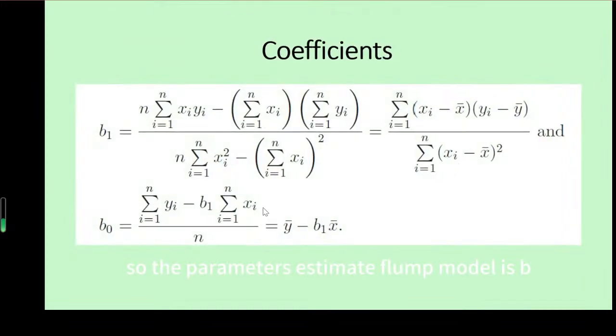So the parameter estimates from the model are b0 for the intercept and b1 for the slope. And here all the estimation comes from the sample data x and y. Here y bar and x bar represent the mean values for x and y.